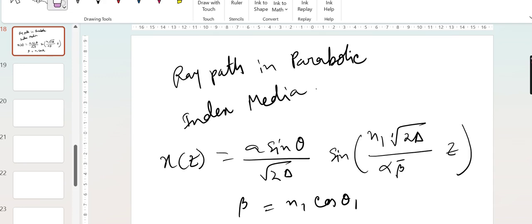And this is not alpha, this is a. So N1 and theta 1 vary, so that here in the graded-index medium, beta is constant. The applications for optical fiber are huge: communication, medical, sensing, defense.